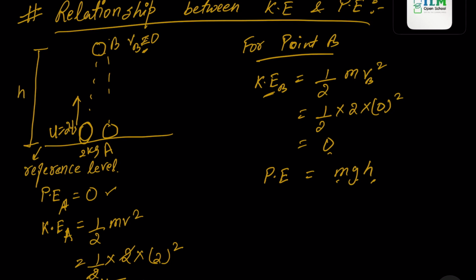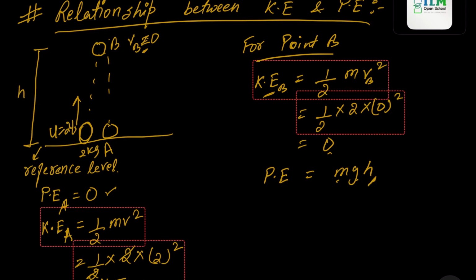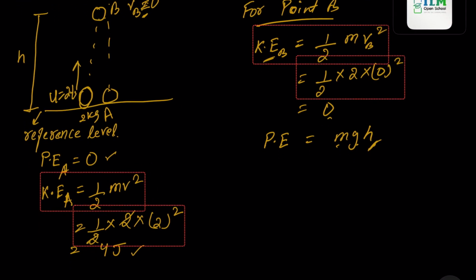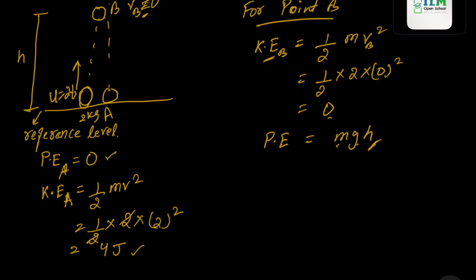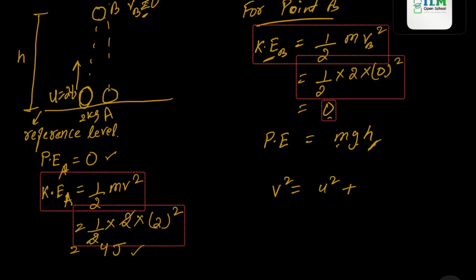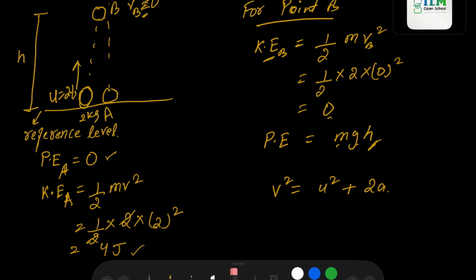For now, we don't know the value of h, so we will find it. To find the value of h, we use the formula v square is equal to u square plus 2as. This s is displacement and we are writing it as h.